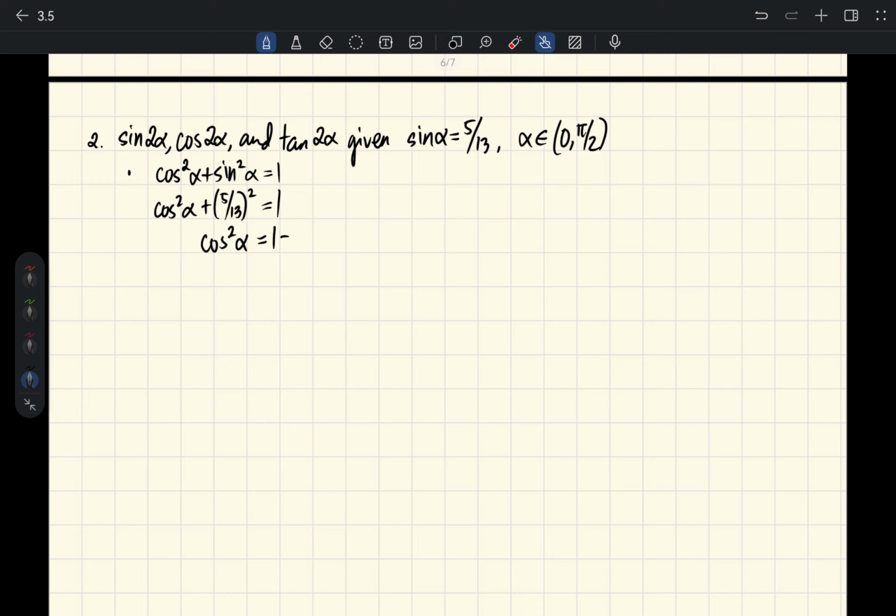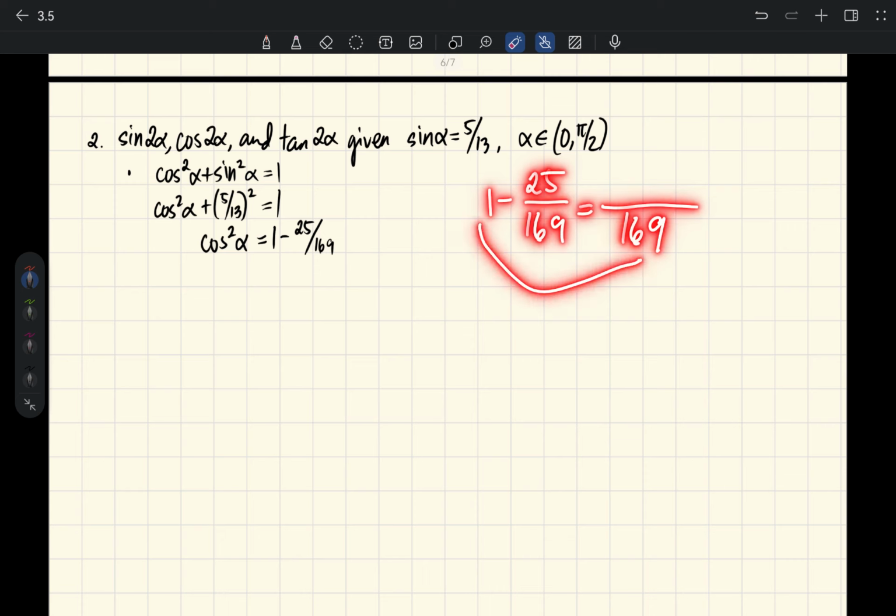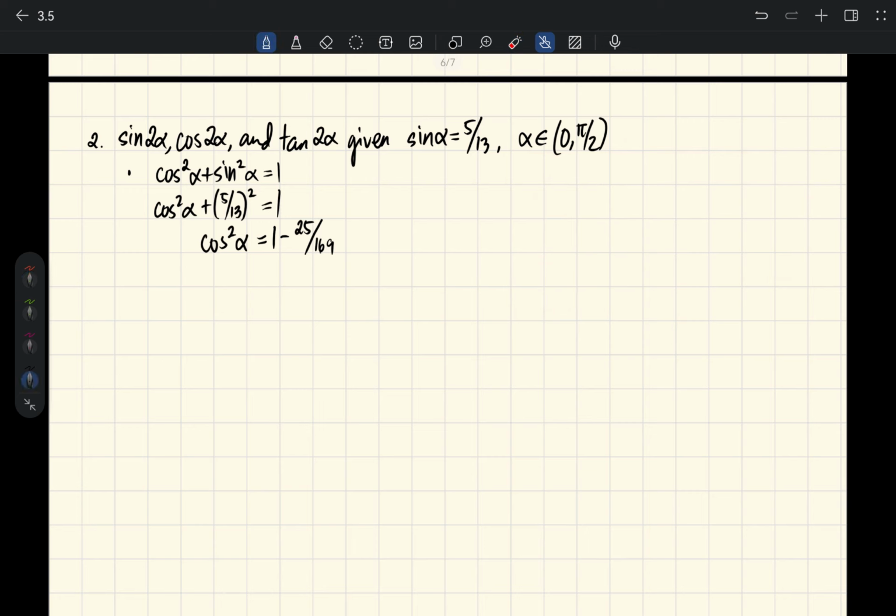This is just 5 squared, which is 25, over 13 squared, which is 169. Then further simplifying, take note, 1 minus 25 over 169 equals 169 in the denominator, then 169 times 1, that's 169, minus 25, we get 144 over 169. So cosine squared alpha equals 144 over 169.